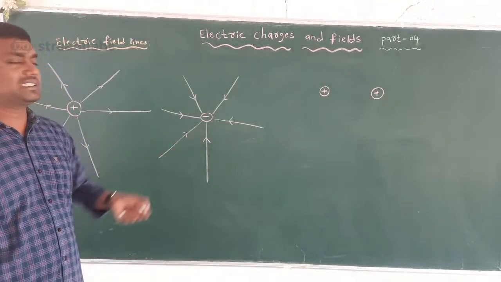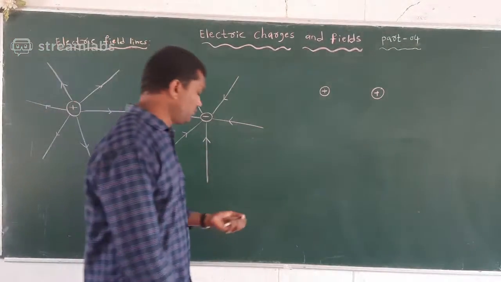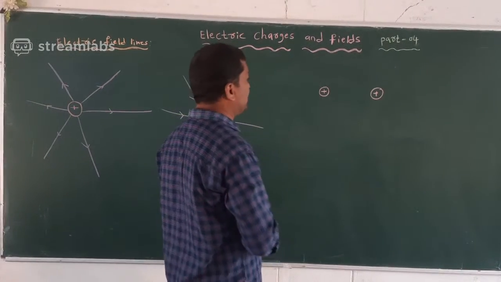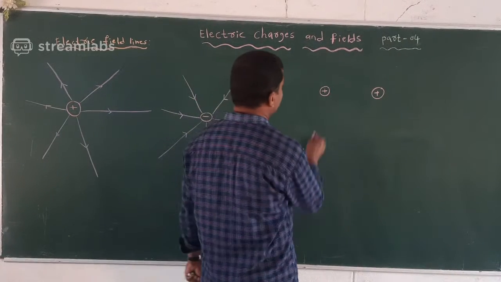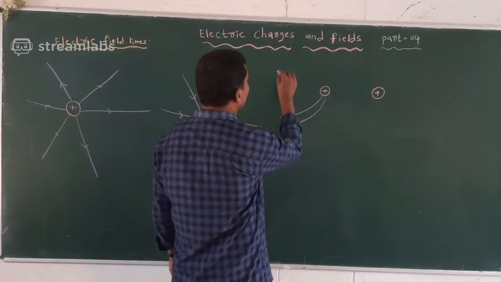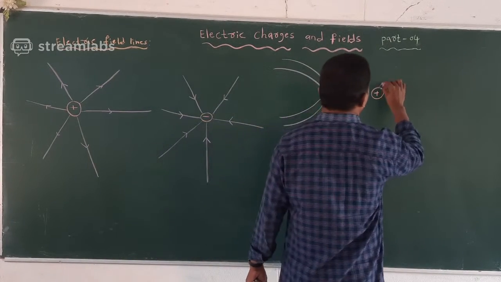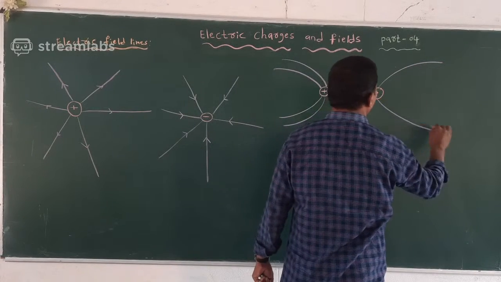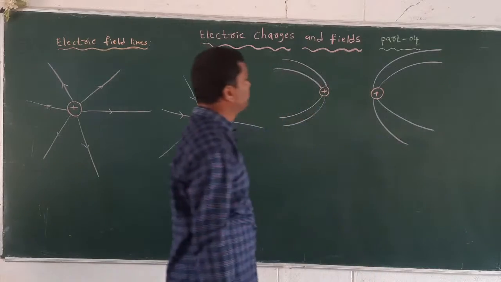So we take the like charges, meaning positive charge and positive charge. We can draw the electric field lines, electric force lines. So we can observe this diagram.